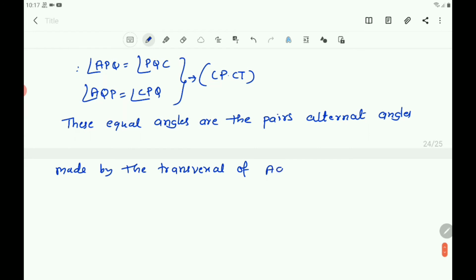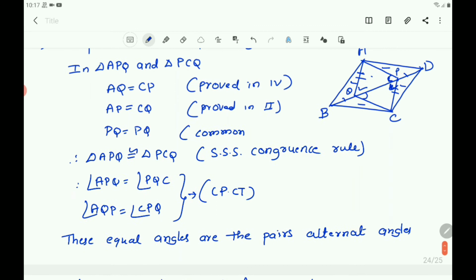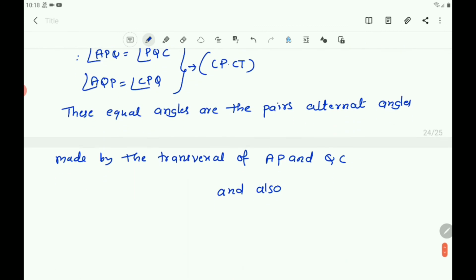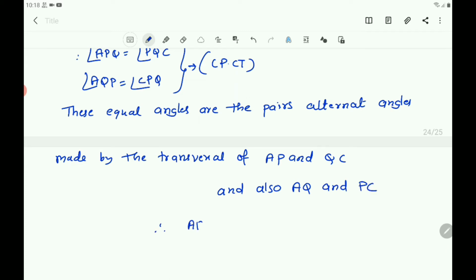AP and QC, and also AQ and PC. Therefore, you can say that AP is parallel to CQ and AQ is parallel to PC.